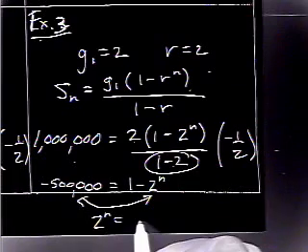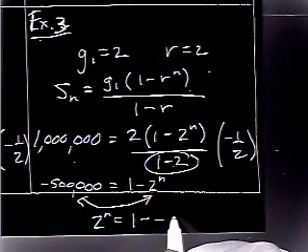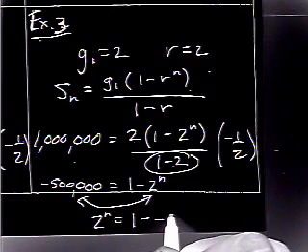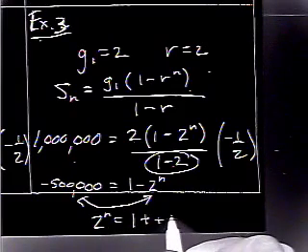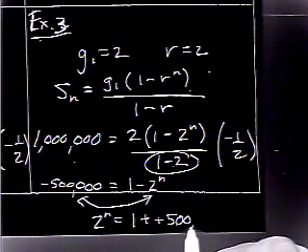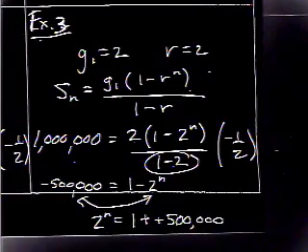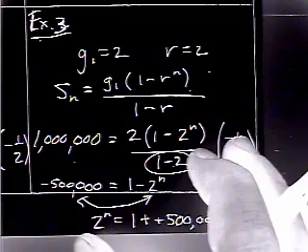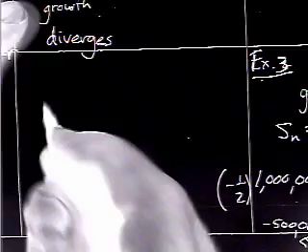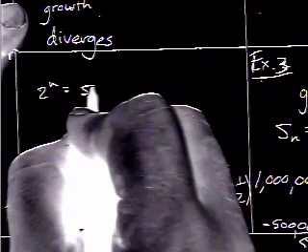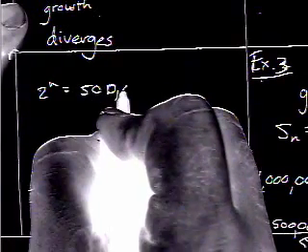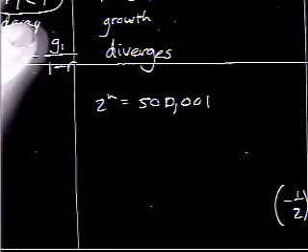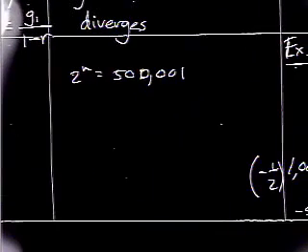So that says 2 to the n is 1 minus negative 500,000. Is that right? No, that'd be plus. Yeah, I was right. So 2 to the n equals 500,001. Whoops.